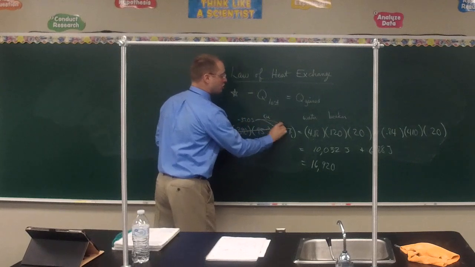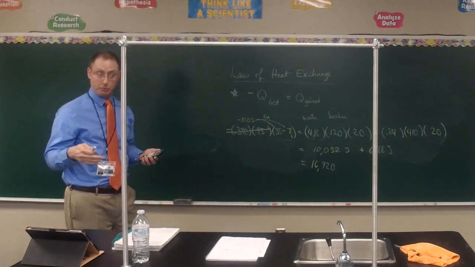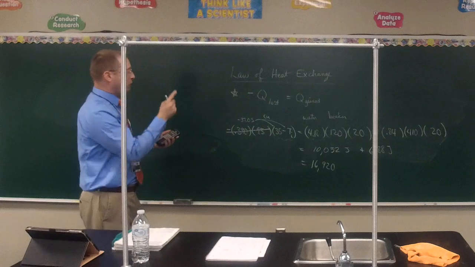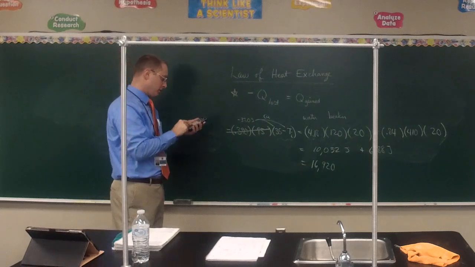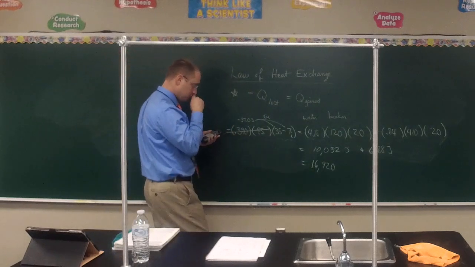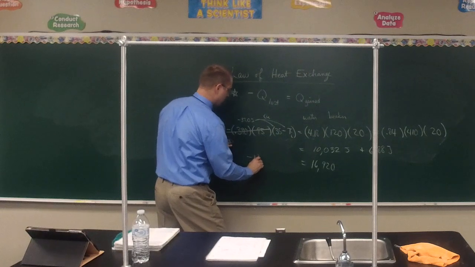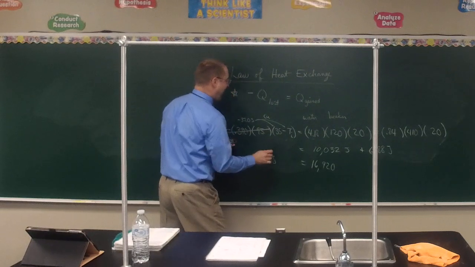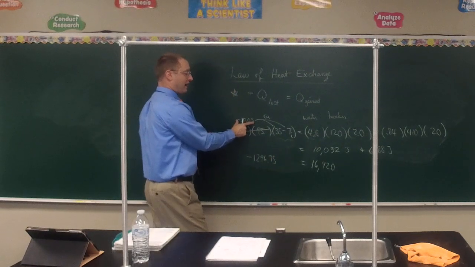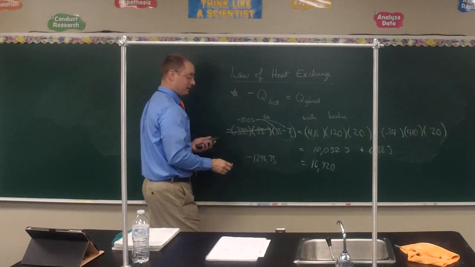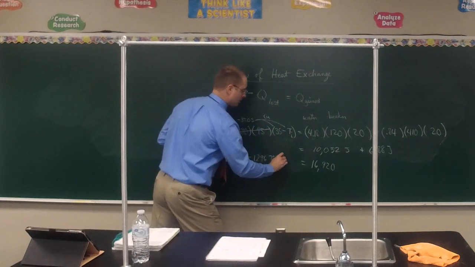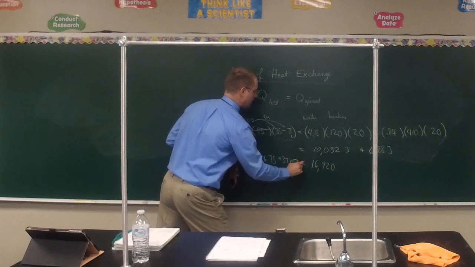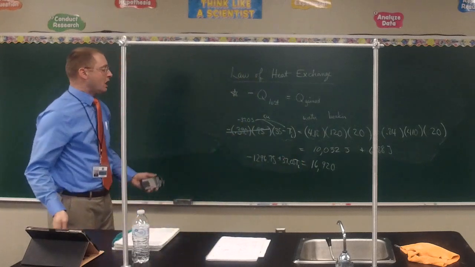All right, that gets distributed into the binomial. I told you, let the algebra take over. Multiply the negative 37.05 times 35: negative 1,296.75. And then distribute negative 37.05 times negative T sub I: positive 37.05 T sub I.